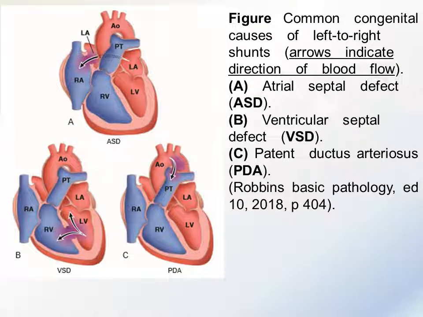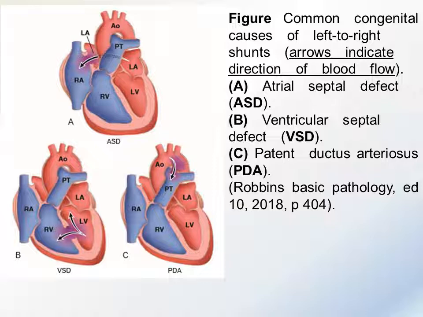The figure shows the common congenital causes of left to right shunts, including atrial septal defect, ventricular septal defect, and patent ductus arteriosus. The arrows indicate the direction of the blood flow. The great majority of patent ductus arteriosus, about 90%, are isolated defects. Clinical features: patent ductus arteriosus are high pressure left to right shunts.